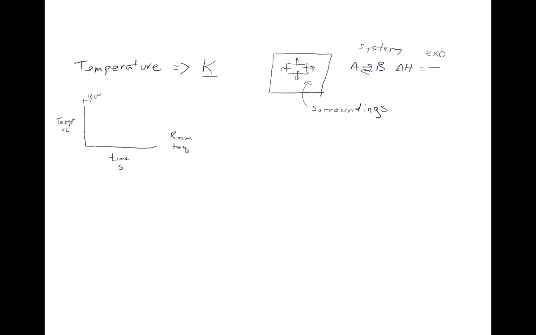Room temperature is 25 degrees Celsius. Tell me, if I recorded temperature every 60 seconds, what would that plot look like? Would it be a straight line, or would it be a curved line?